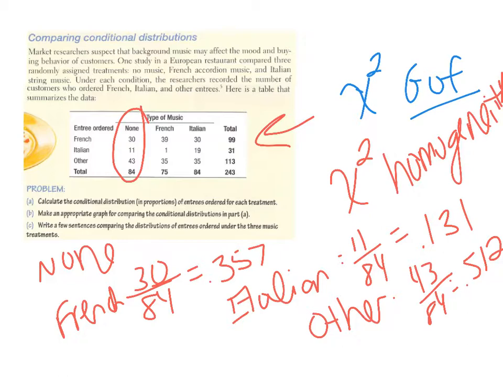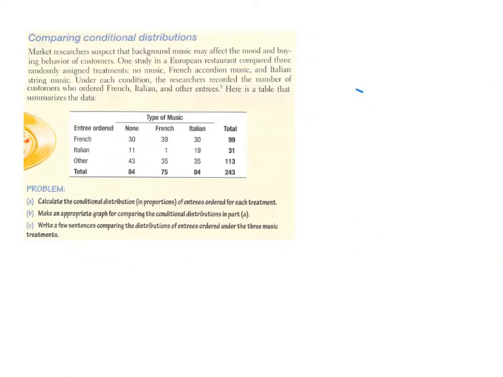Okay, so you would go through and you would do this for every type of music and for every entree. So as I continue through here, I would then move to the next type of music. So looking at French music, and when French music is played, 39 out of 75 entrees are French.